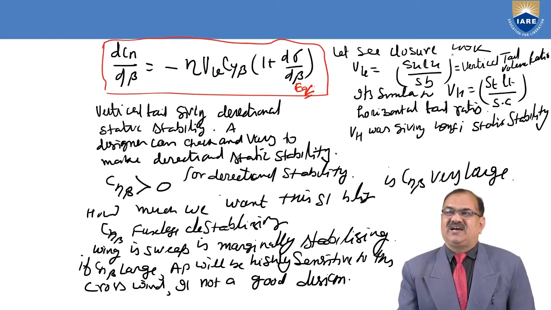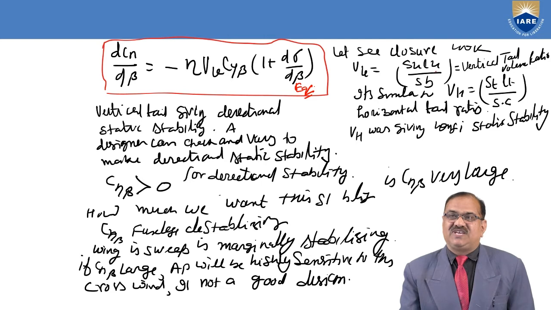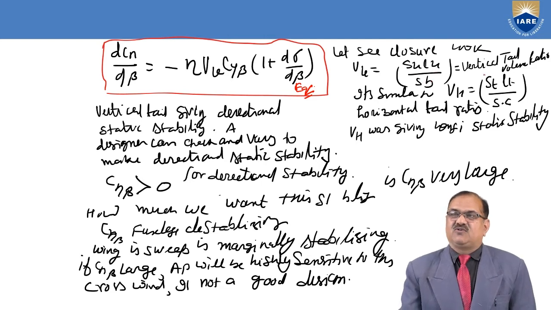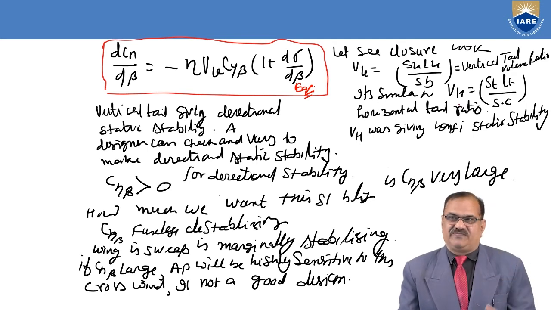Let's take a closer look at Vv. Here Vv is equal to Sv Lv by Sb. This is called the vertical tail volume ratio. It's similar to Vh. In the longitudinal condition, we had taken Vh equal to St Lt by S c, where c is the chord.